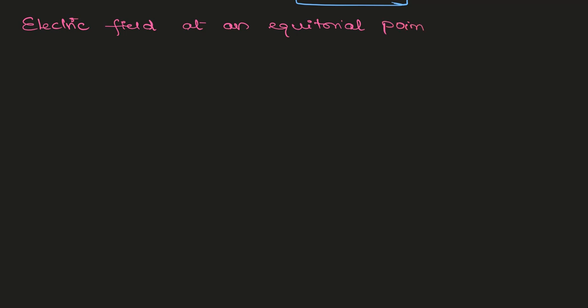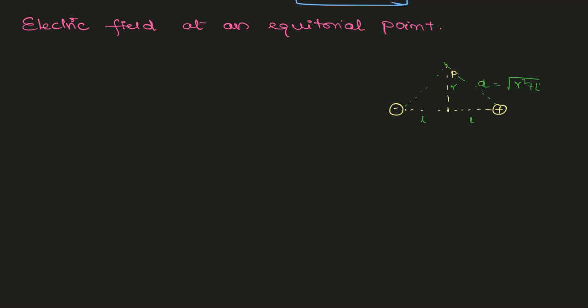Equatorial point means, if you have a negative charge and a positive charge, both separated by a fixed distance from the center, and suppose there is a point P. As we know this is L, this will also be L, and if this distance is R, that particular point from both the charges will be at the same distance D, that will be equal to square root of R square plus L square.